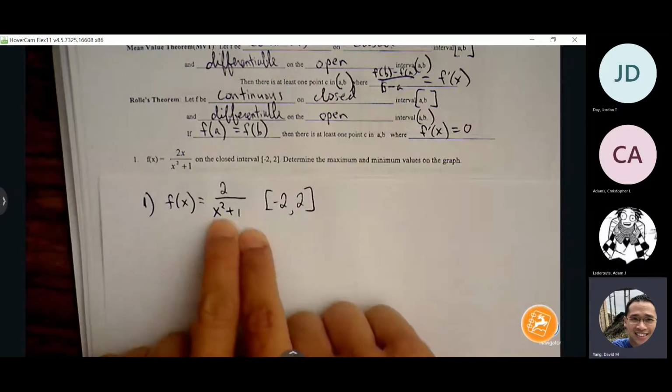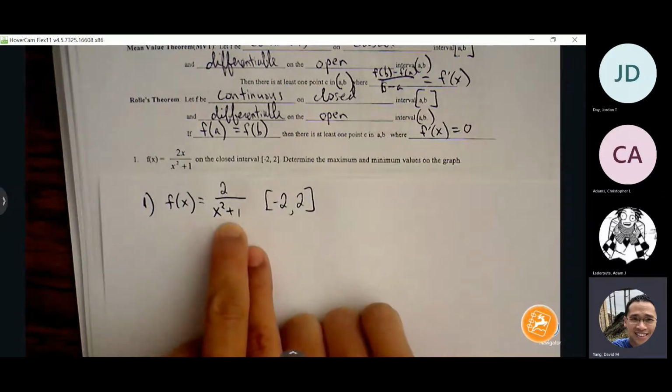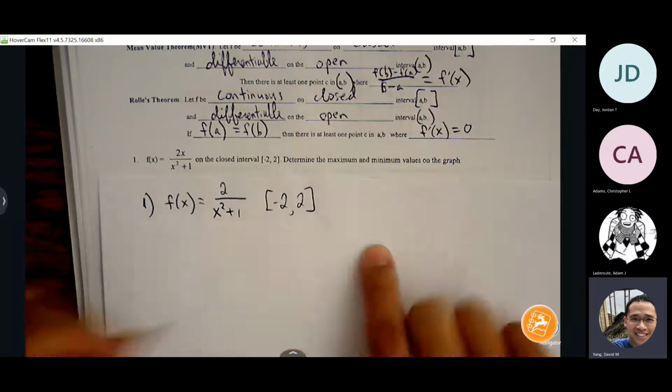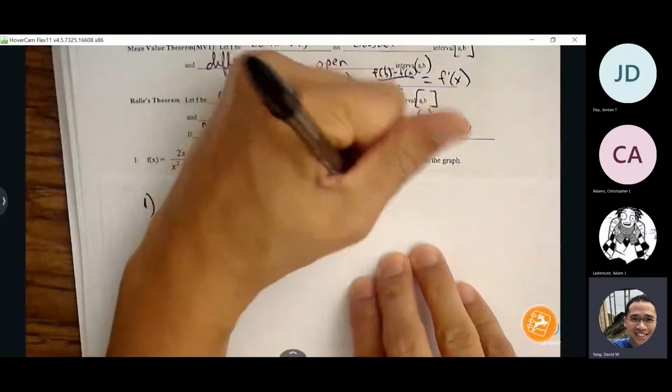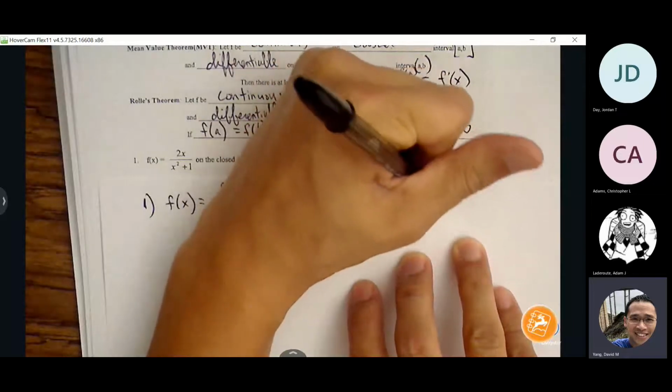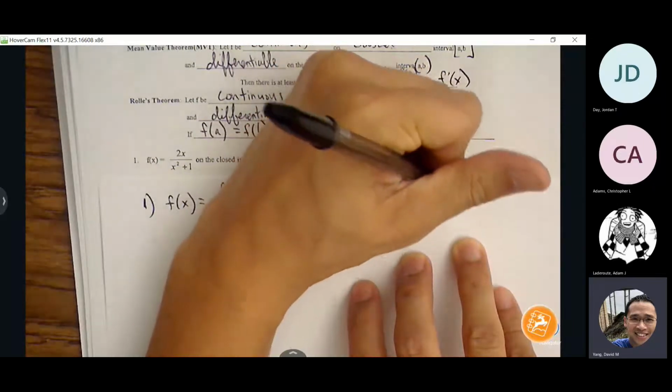We do see a variable in the denominator, which could be a red flag, but if I set that equal to 0, I'm going to get imaginary numbers. So we know there's not a vertical asymptote we have to worry about. If you set x squared plus 1 equal to 0, you get x squared equals -1. Square root of a negative is undefined. So we know this is EVT, and our function is continuous on the closed interval.